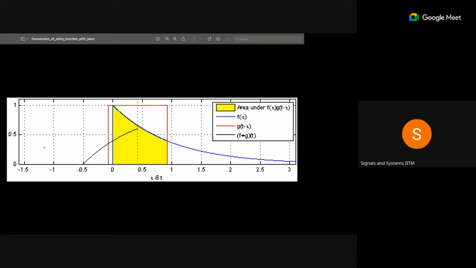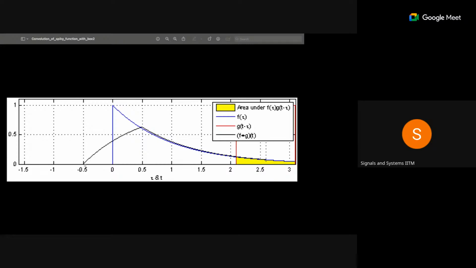So the area increases till this point. Then after this point, you will start losing this area, so the area will decrease, and as you move towards the right, the area will further decrease.